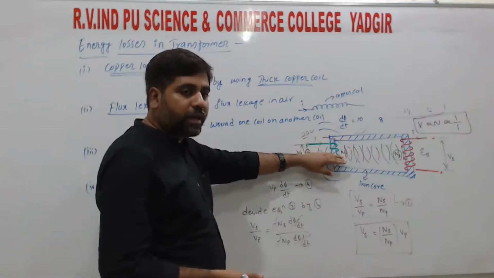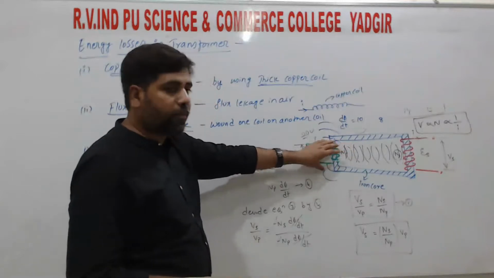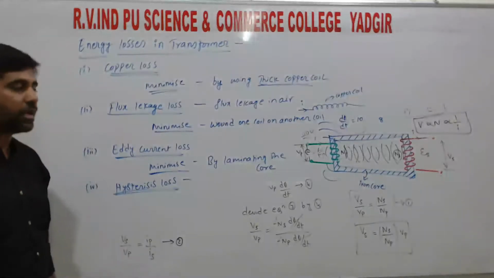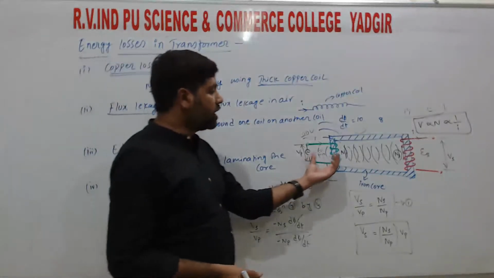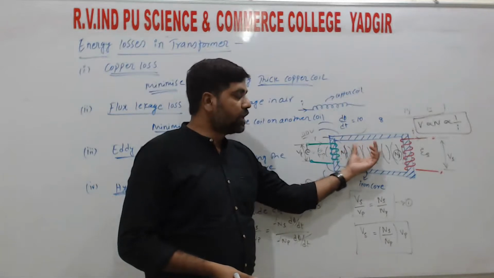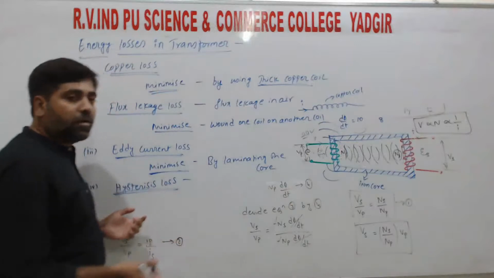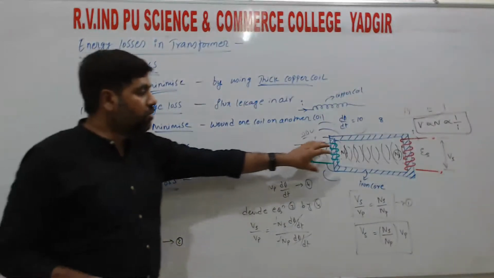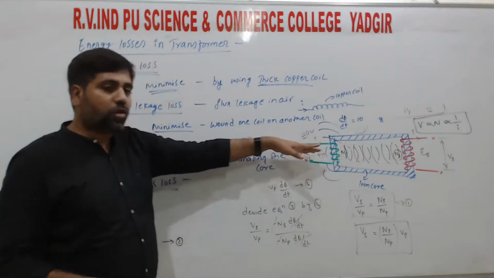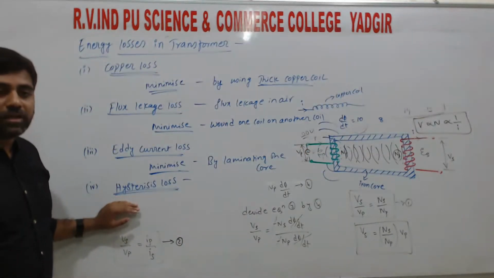When it reaches the negative value, it becomes demagnetized again. So when current flows it magnetizes, and when current does not flow it demagnetizes. That is the magnetizing and demagnetizing of the coils, right? Due to this, heat is produced, and due to this heating there is again a loss. That loss we call the hysteresis loss.